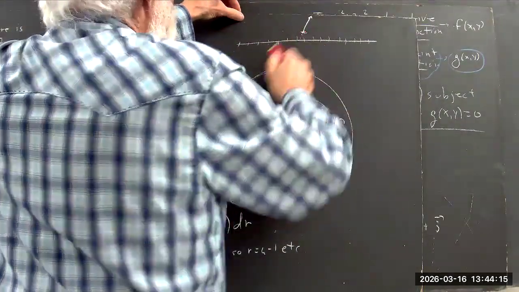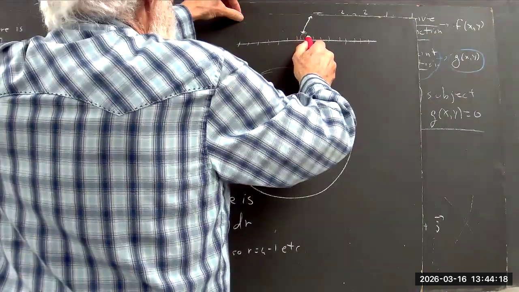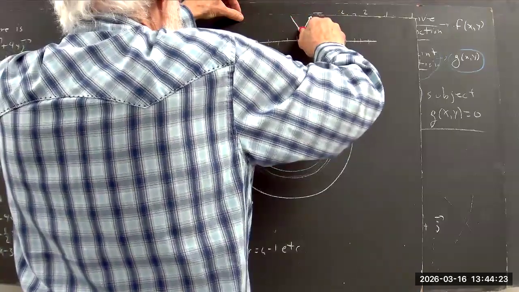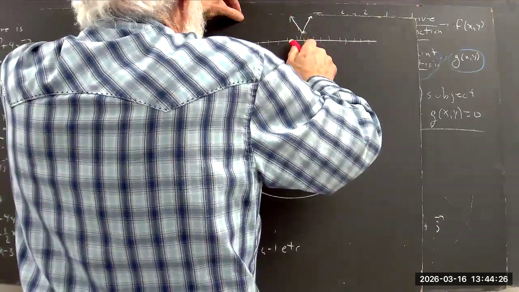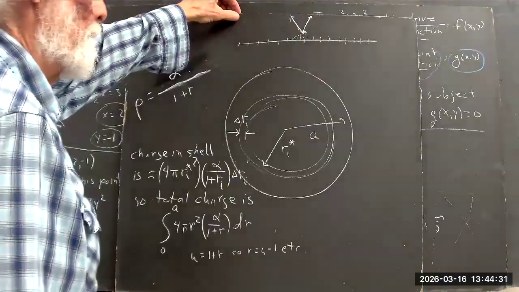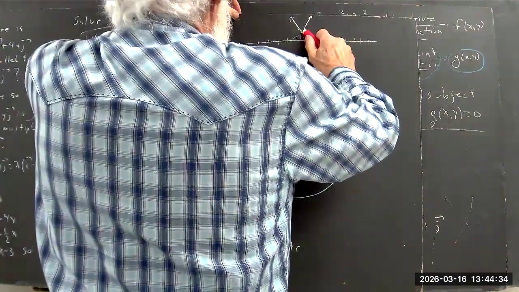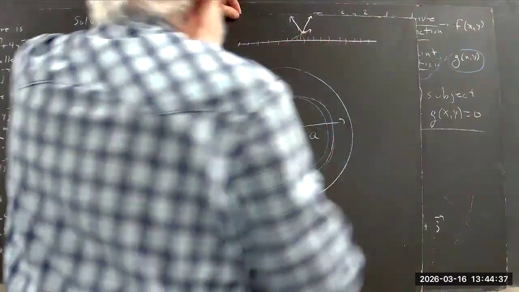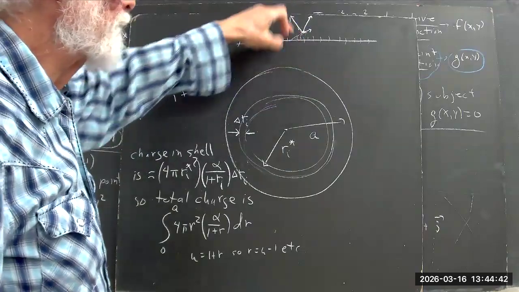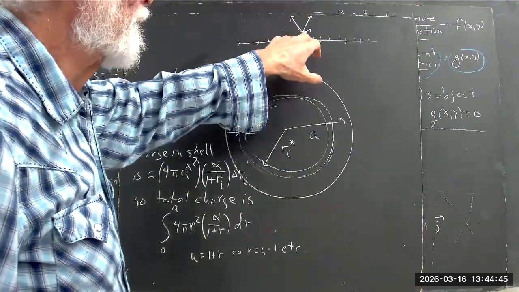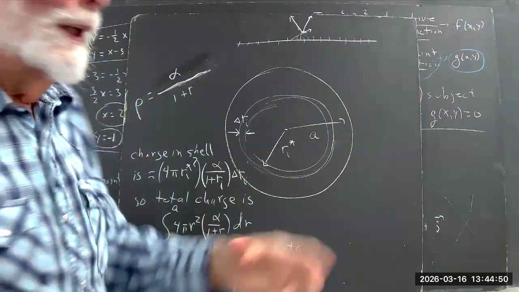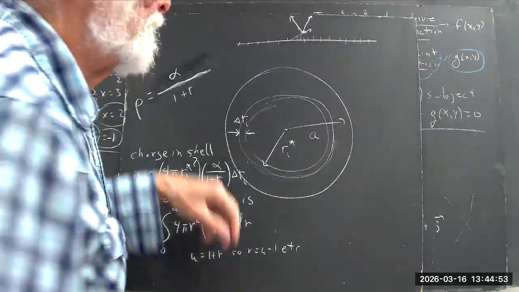That makes sense? And from here, I've got a radial vector. I'll just go to the center of each one, but these could be random points within the increments. Now from here, I've got some charge, and it's further away. So the electric field due to the charge in this increment is going to be a lot less than the field due to the charges in these 2 increments closest to the point. And it's also pointing at a different angle.